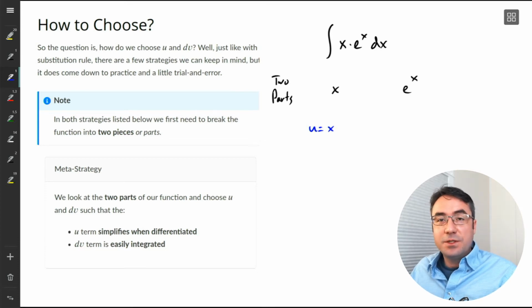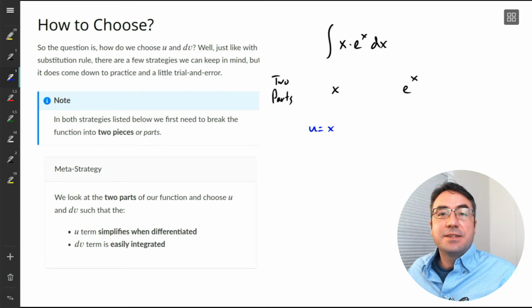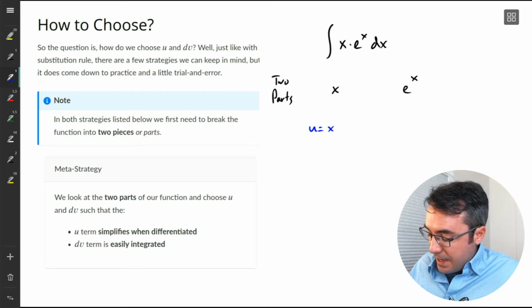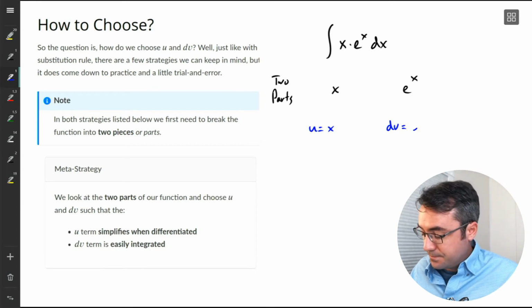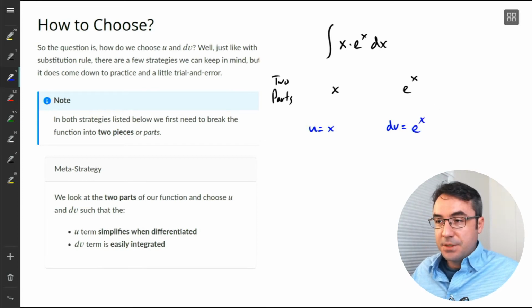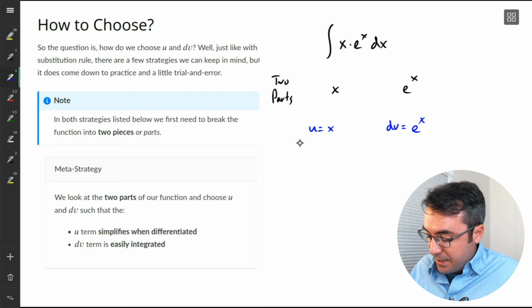And then once you pick u, your hand is kind of forced, and what you pick for dv has to be the other part. So I'm picking u equals x because this simplifies when differentiated.